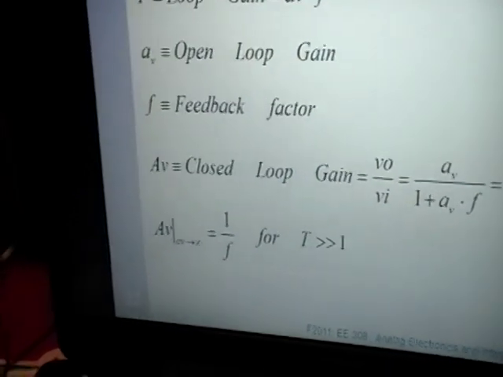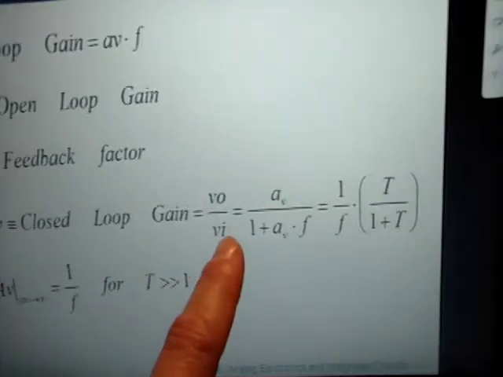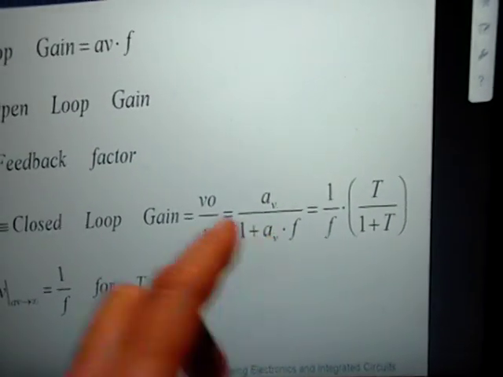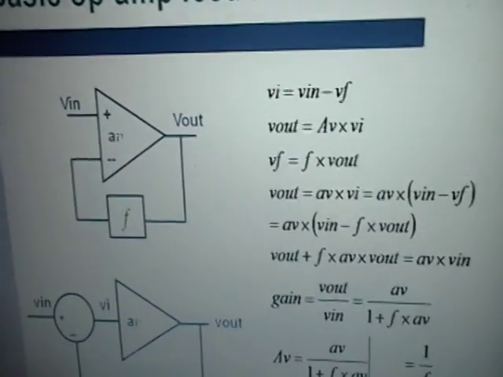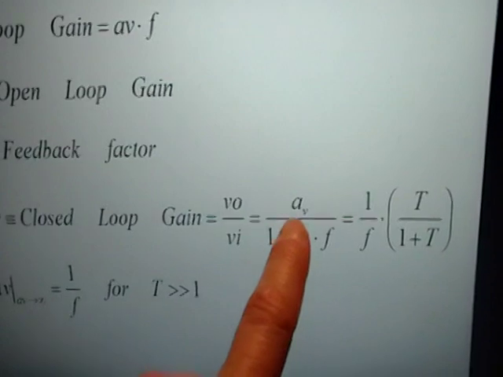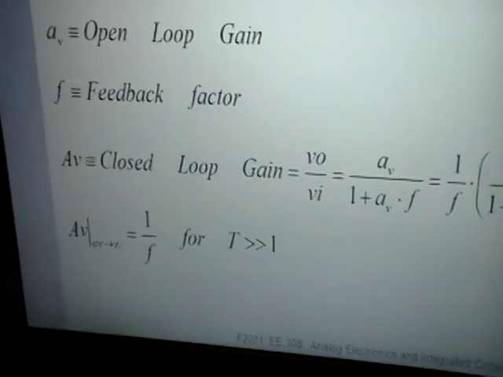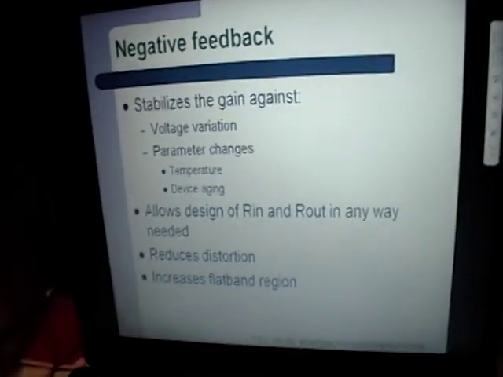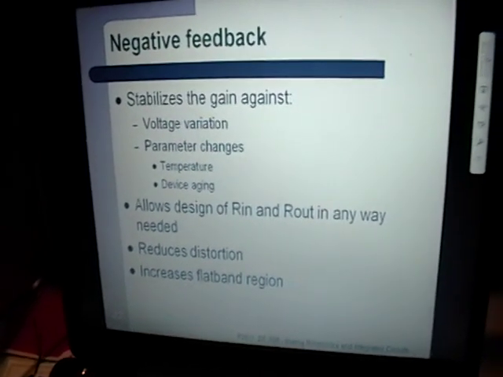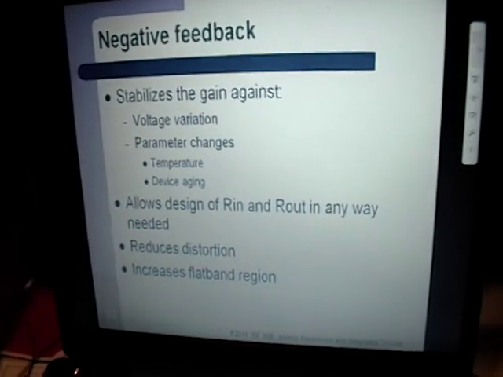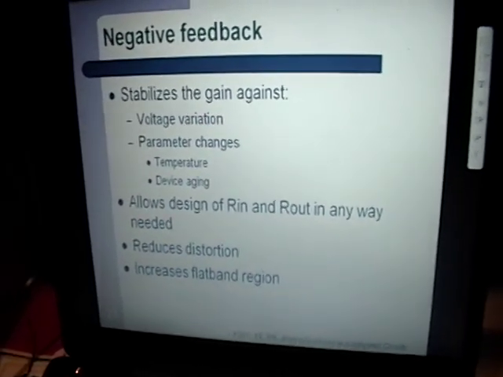If you go through all the math and your forward gain, this amplifier right there, has big gain, then you get a gain of approximately 1 over F. Negative feedback does lower your gain, but some of these benefits are just a result of lowering your gain.